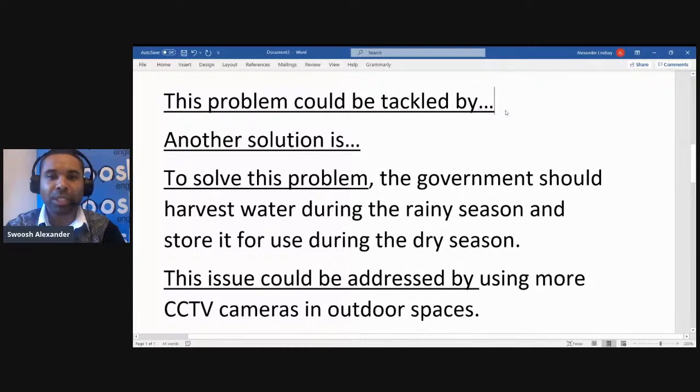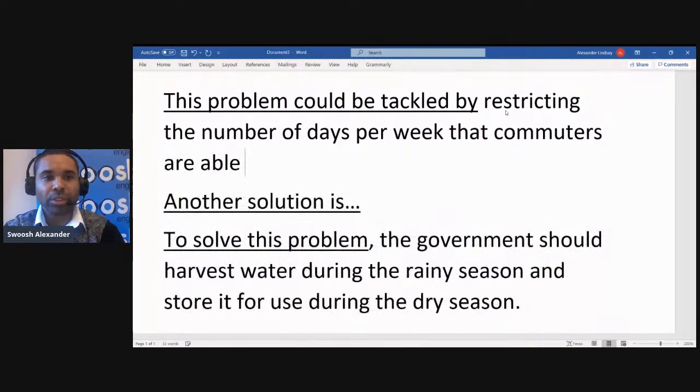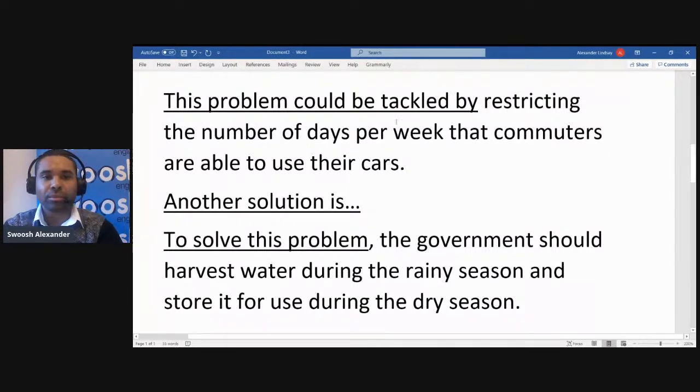So the issue of traffic congestion could be tackled by restricting the number of days per week that commuters are able to use their cars. So that would be a way of solving the problem of traffic congestion. That's one potential solution to that problem.